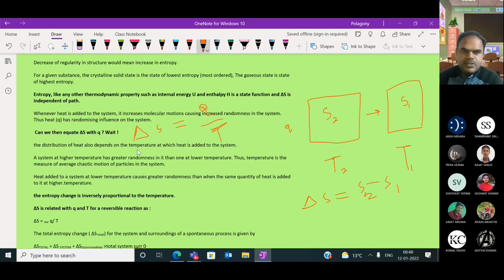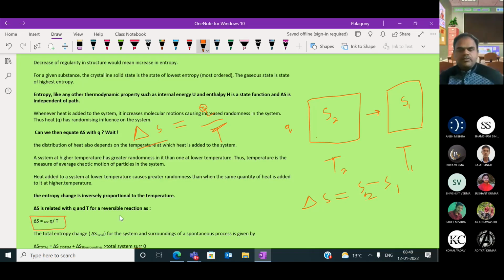Now the change in entropy is inversely proportional to the temperature. That means entropy change is related with the heat energy and temperature for a reversible reaction.